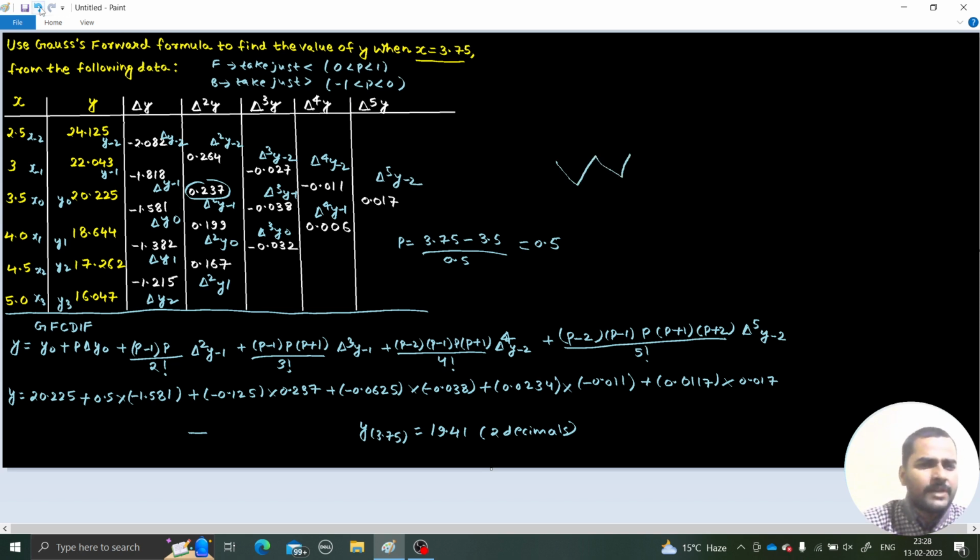When you are not writing these values, you have to check up down, that zigzag manner. But if you are writing these values, you will not have any confusion, because you can directly see from the table that delta 2 y minus 2 is this, then you can copy and paste and get to your answer. So that's it from my side for today.